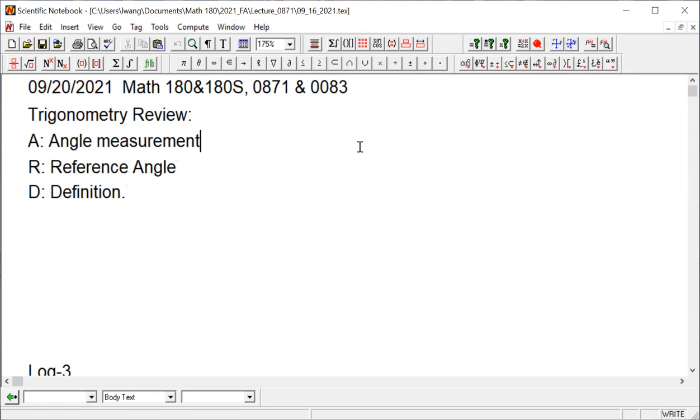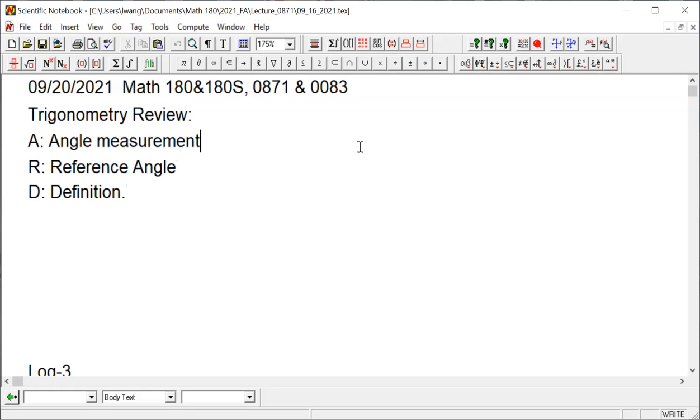When you learn geometry, you learn circles, triangles, and polygons and all of that stuff. In particular, triangles, especially right triangles. We have learned the Pythagorean theorem, similar triangles, congruent triangles, similar angles, parallel lines, and all of that stuff, right?